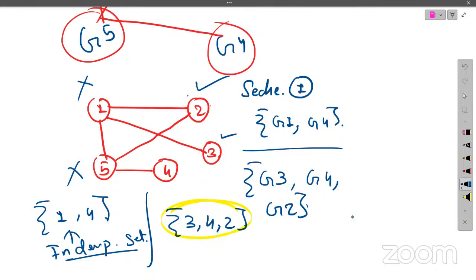Ma'am, can we say that to get the maximum result with 100% accuracy, we start taking the nodes from where the fewest edges are connected? Correct. The vertex with the least number of edges, you have to start from that. That's why I start from 3, because 3 is the only vertex which has only one edge.